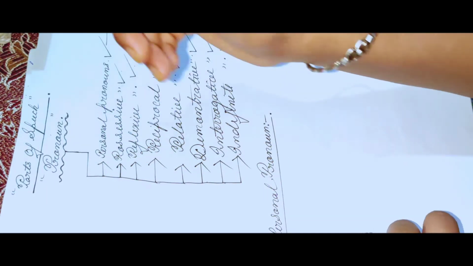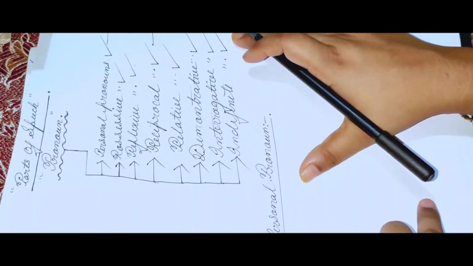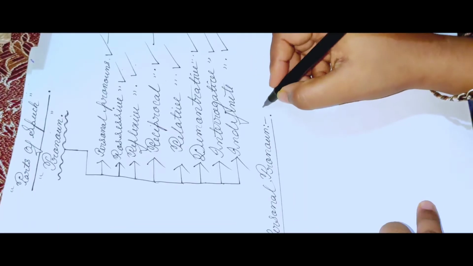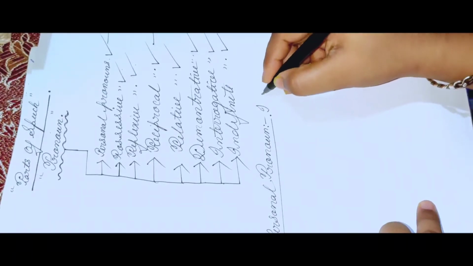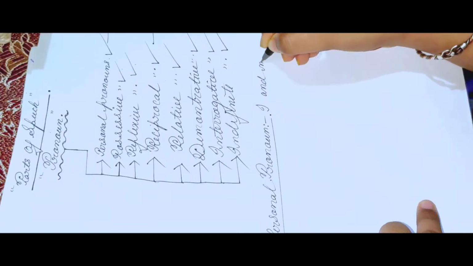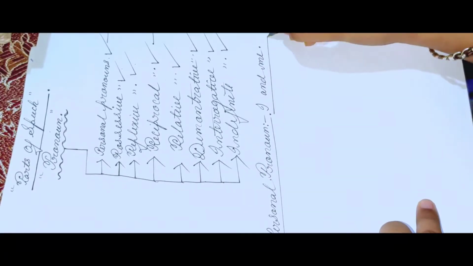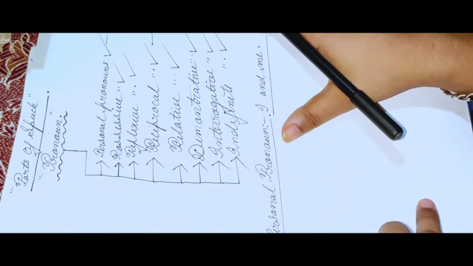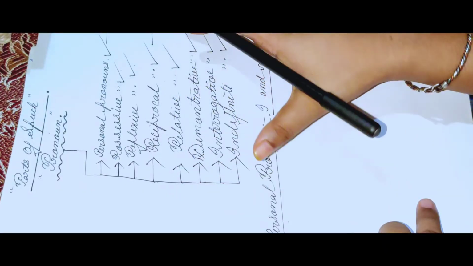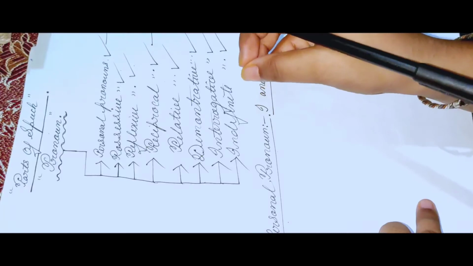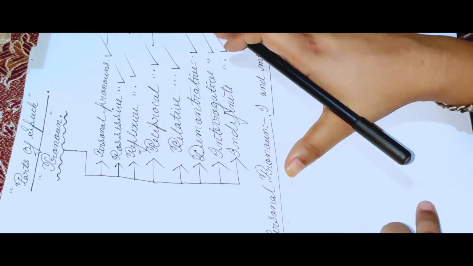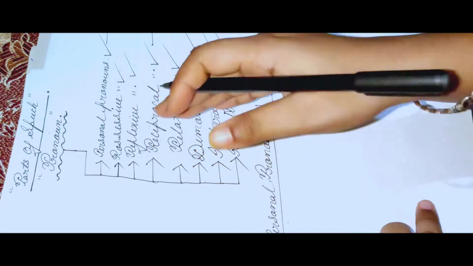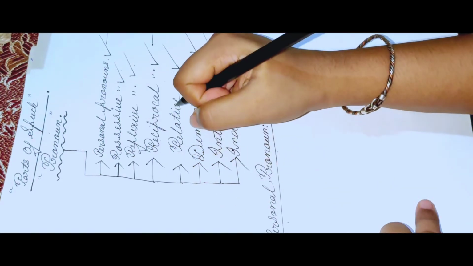If I give an example of personal pronouns, like I and me, both belong to that section, personal pronouns. But one thing I must say, sometimes personal pronouns behave either as a subject or as an object.